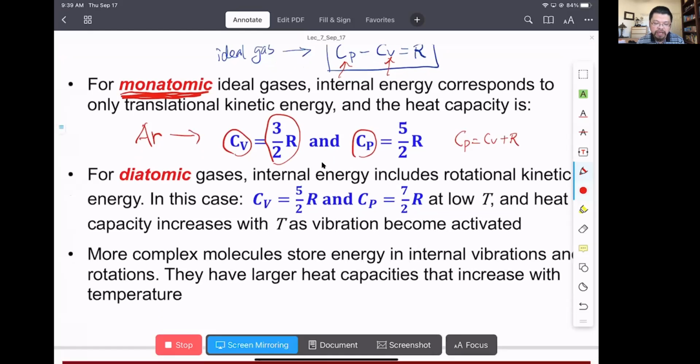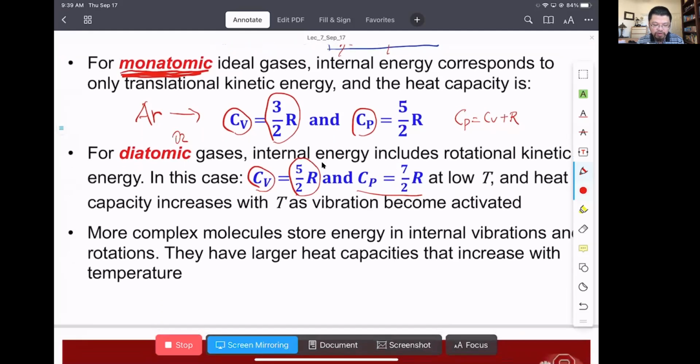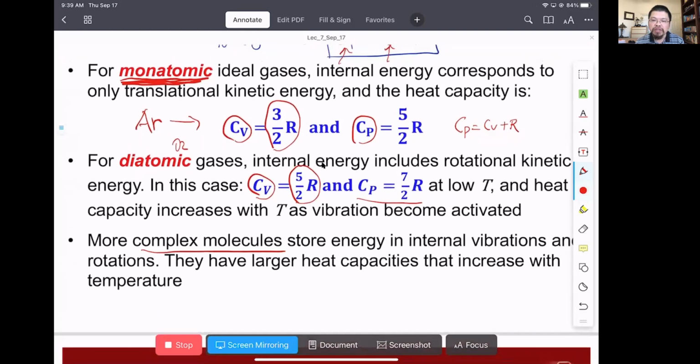And then for diatomic gases, say nitrogen and oxygen, Cv is 2.5 R, and Cp is basically Cv plus R. All right. For more complex molecules, it's a little bit harder to have this really neat and exact value. Say if I have ammonia or water, then we cannot have this very nice correlation.